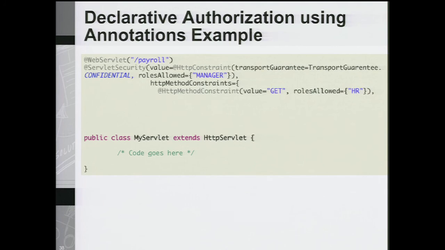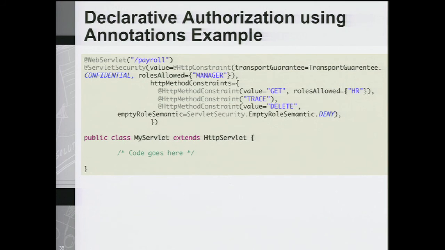The first constraint we're putting is that the get method can only be accessed by the HR role. We're also specifying the trace method, but we're not saying what role is allowed. What that means is that anybody can access the trace method. We can also do something like this, where I specify the method as delete, but I write a flag saying empty role semantic is denied.